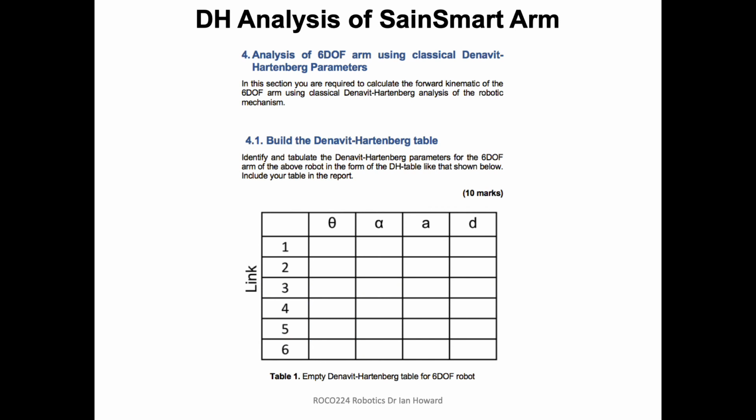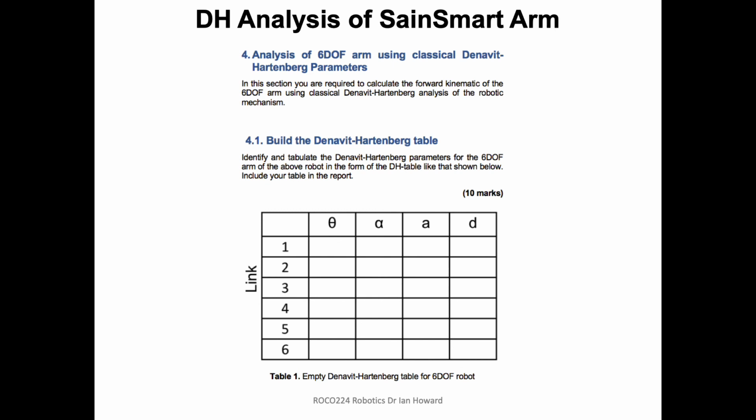So you're being asked specifically then to analyse this 6 degree of freedom arm using classical Denavit-Hartenberg. In other words, what I'm asking you to do, I've given you the frames, so there shouldn't be any confusion there. You've just got to fill in the table. Have a look at the example that I just gave you, and it shouldn't be too difficult to come up with the values.